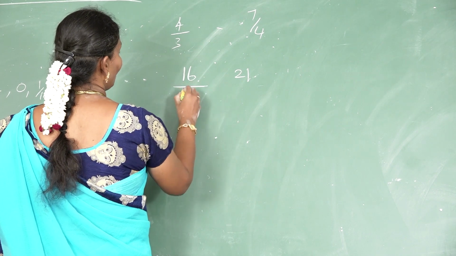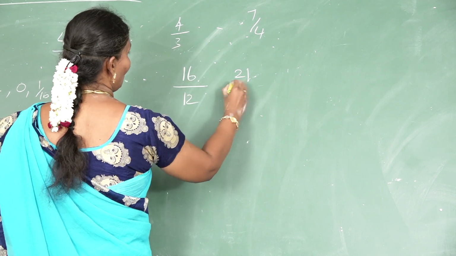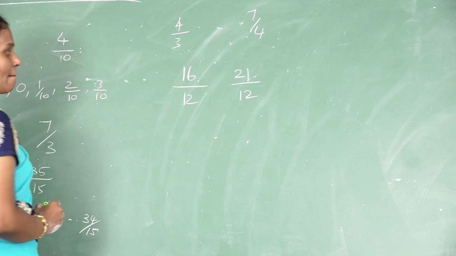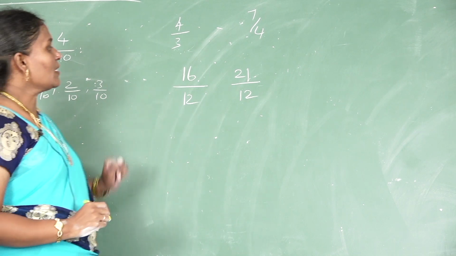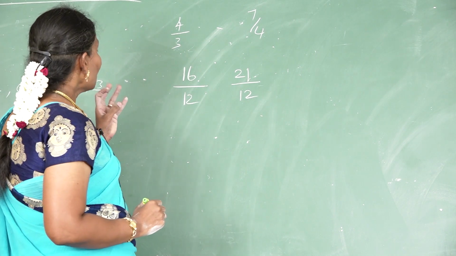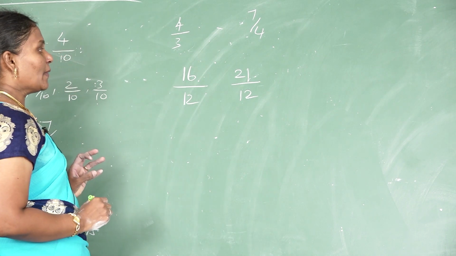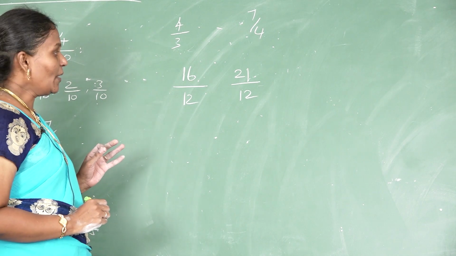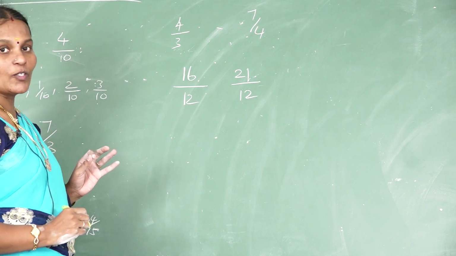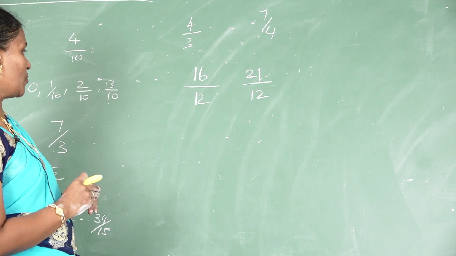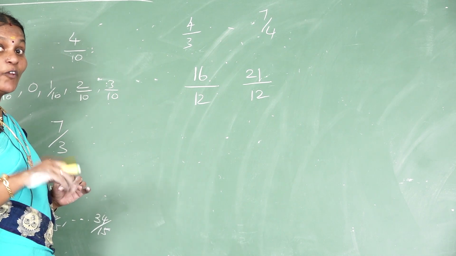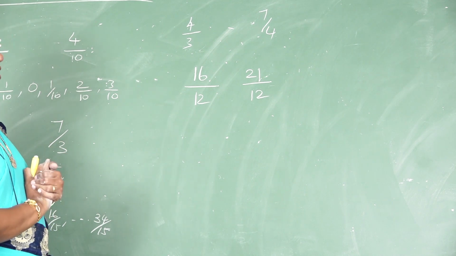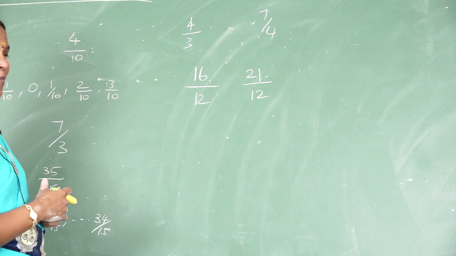In the denominator 3 4s are 12, here also 12. In between, how many rational numbers come? 17 by 12, 18 by 12, 19 by 12, 20 by 12. Okay, so totally 4 rational numbers only. But I asked for 25 rational numbers. How do you find the 25 rational numbers?